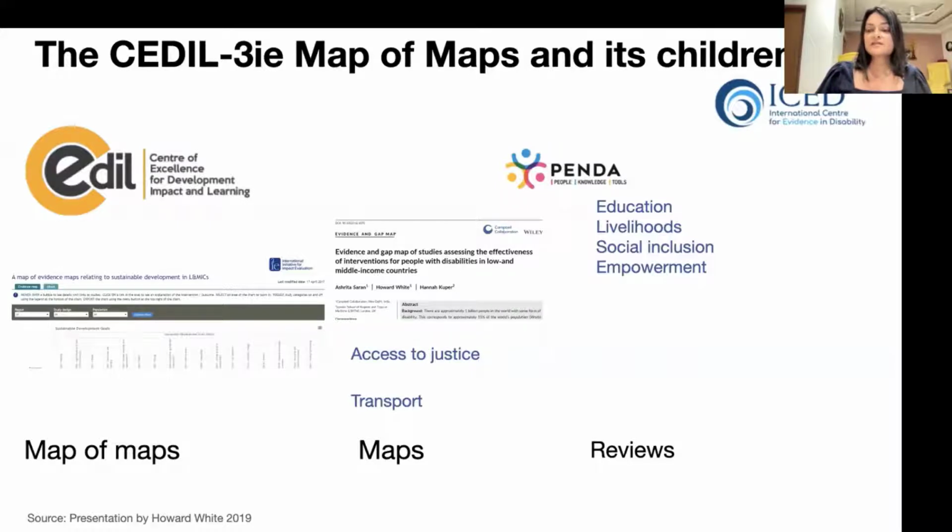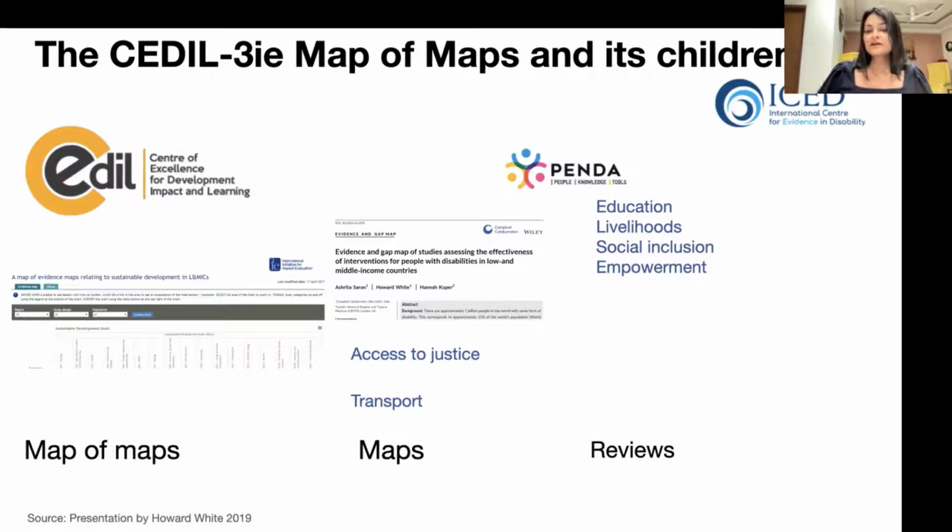As a result of that disability evidence and gap map, we were able to highlight two important aspects: that most of the interventions in this area were actually the medical model of interventions rather than social. For example, we had interventions aiming at population characteristics like social skills, rather than the structures, such as the readiness of schools to include people with learning disabilities.